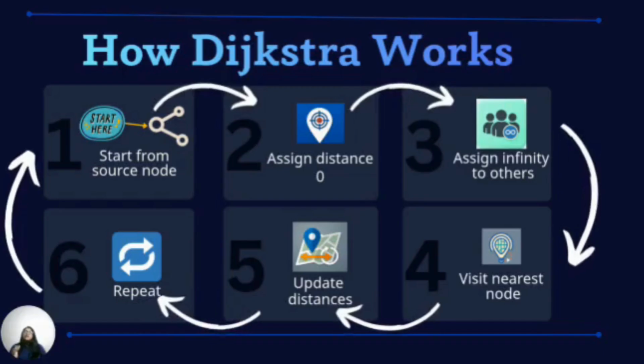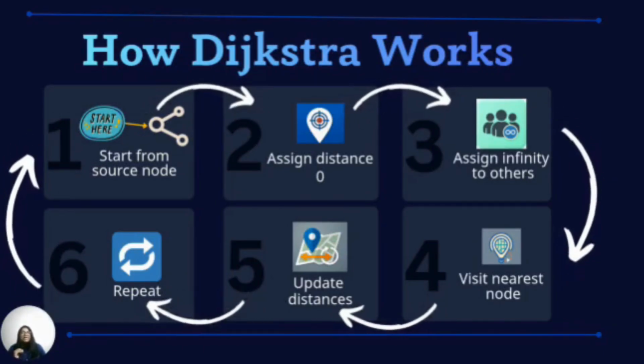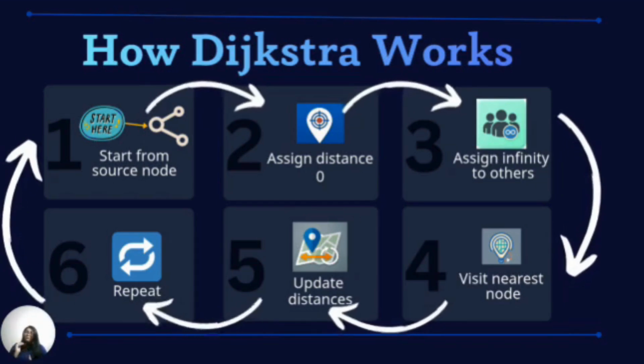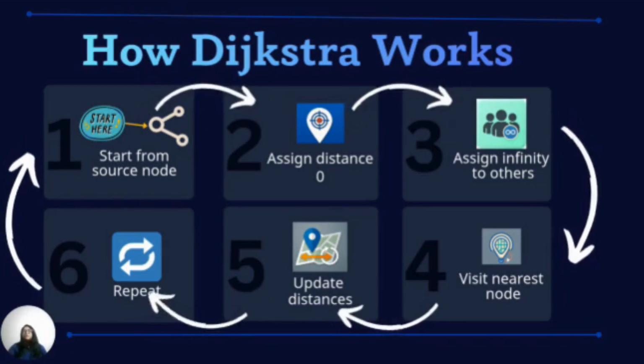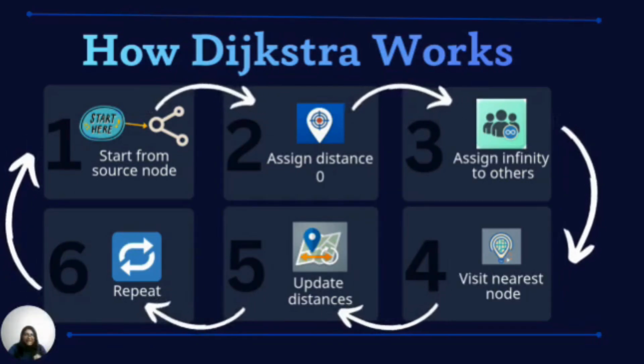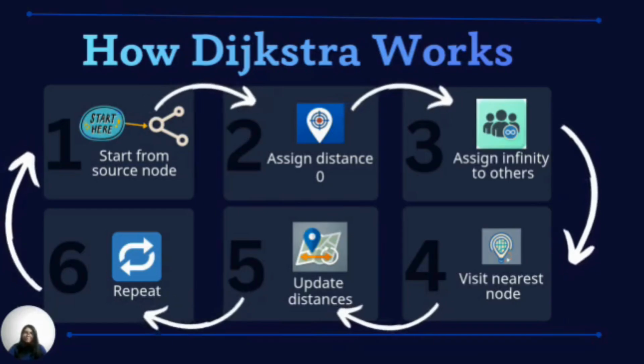The algorithm then visits the nearest unvisited node. After visiting a node, it updates distances of neighboring nodes. This process repeats until every node has been visited. Although these steps seem simple, they are very effective for finding shortest paths.